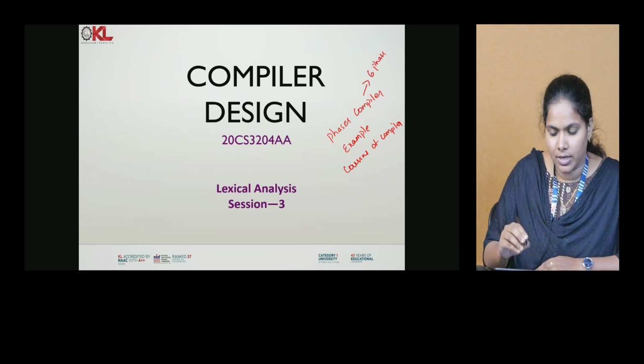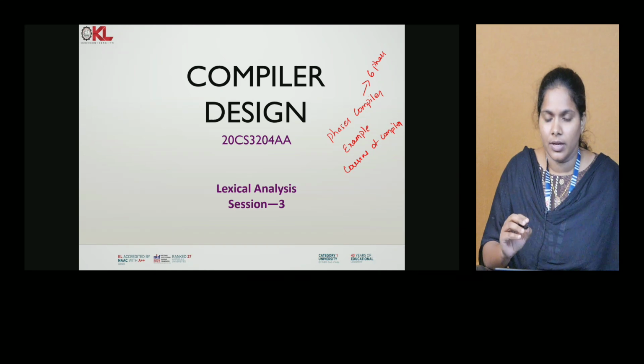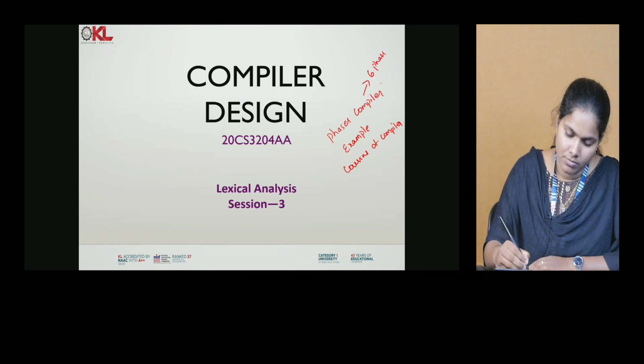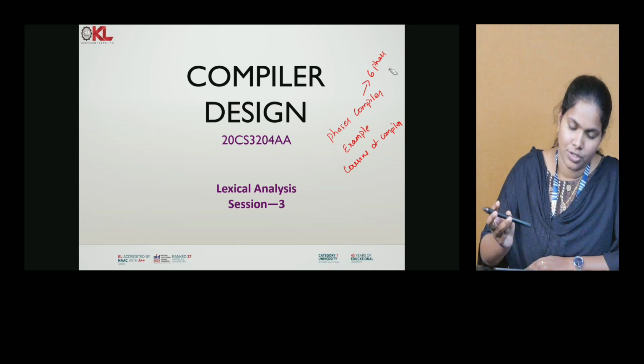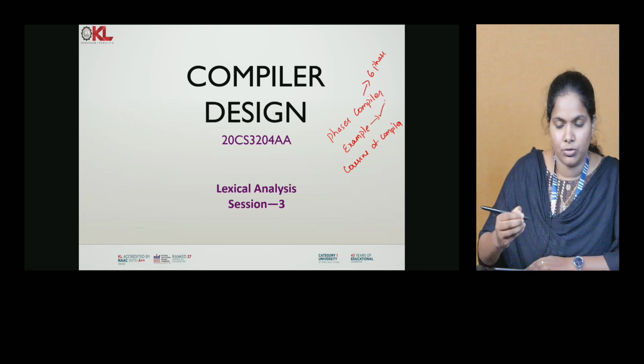lexical analysis, syntax analysis, semantic analysis, intermediate code generation, and code optimization, code generation. Those are the six phases, and we have seen one example also.